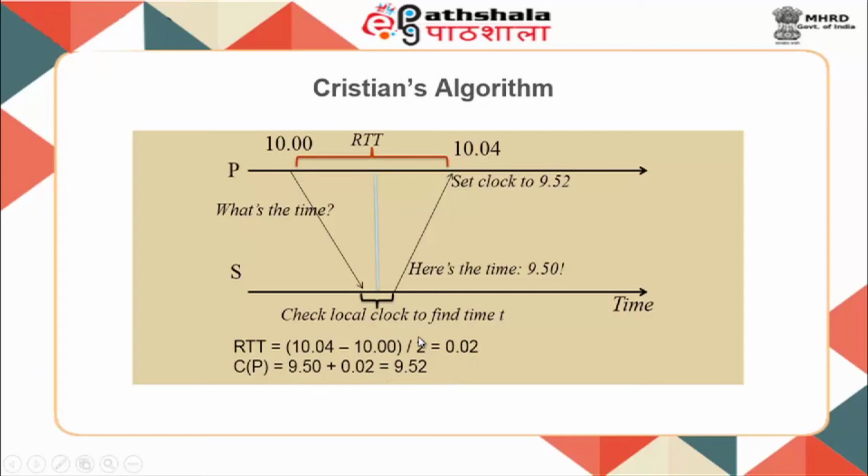So, if we look at our first example here, assume that the time was 9:50 of the server and it sends the time, hey, the time is 9:50, and we calculate the RTT by 2 and we see that the clock should be set at 9:52. So, the clock is actually at 10:04, but it should be set at 9:52.